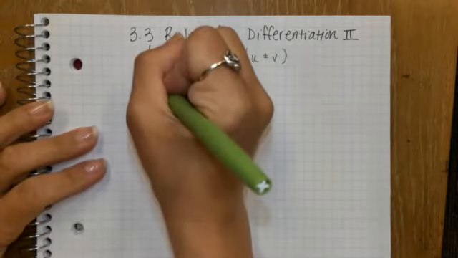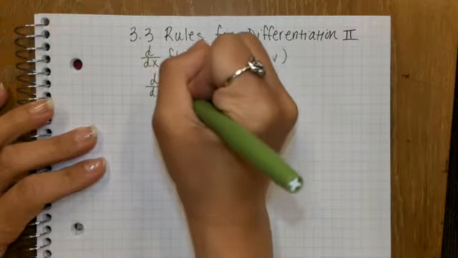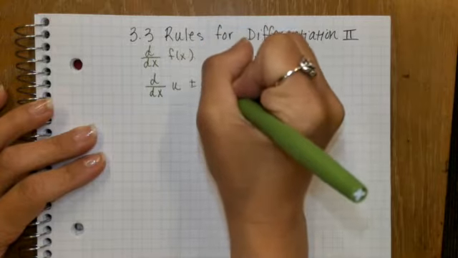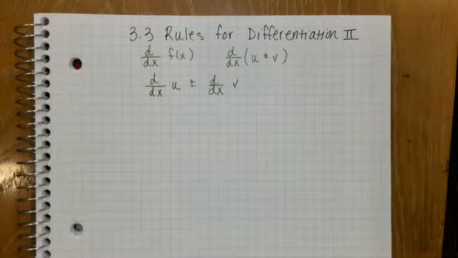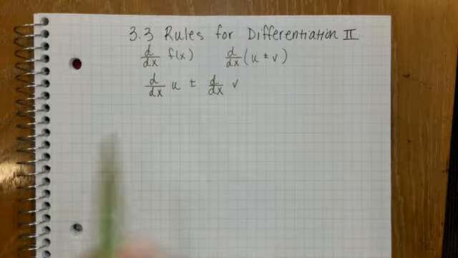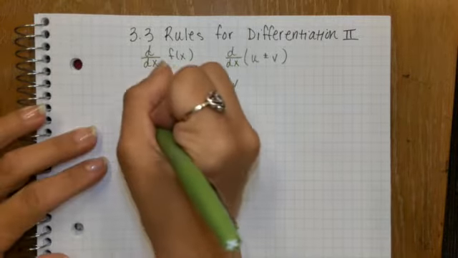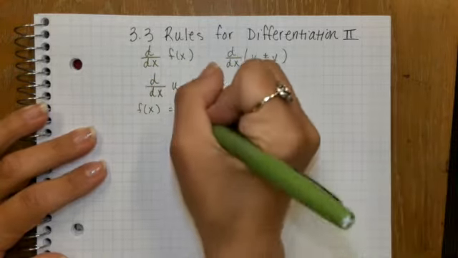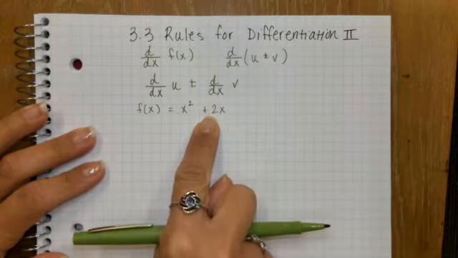This means the derivative of the function u with respect to x plus or minus the derivative of the function with respect to x of v. This looks like, oh my God, sum and difference, but you've done this already. You've definitely done this. So if I gave you some function, f of x, let's say is, how about x squared plus 2x? This is a sum.